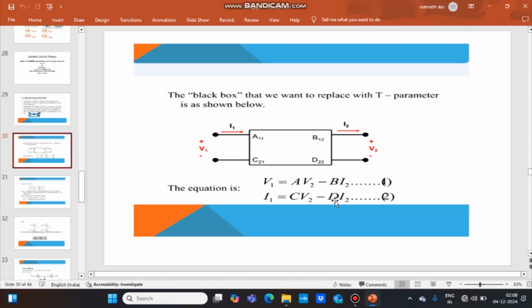To calculate the value of B and D, we have to make V2 equal to 0. V2 equal to 0 means output terminals are short circuited. We have to short circuit the output terminals to make V2 equal to 0.